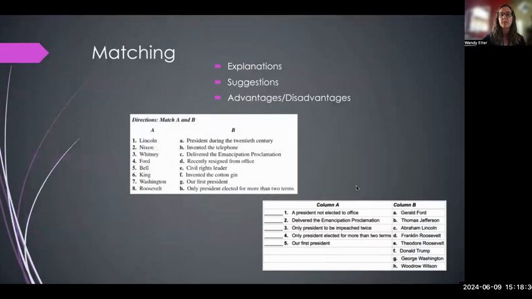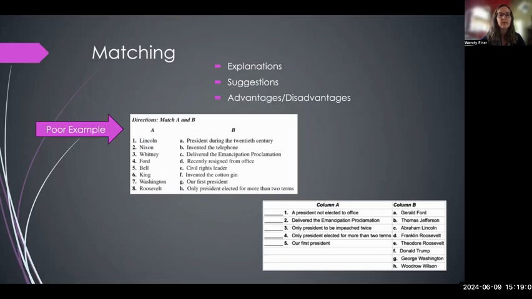Next, we talk about matching. Matching is going to be in 2 columns. Your first column needs to be numbered. Your second column needs to have letters A, B, C, D, E, F, so on. The first example that we have here, which was the example you looked at in the pre-activity again, is not a good example because several of the matches can be arguable.